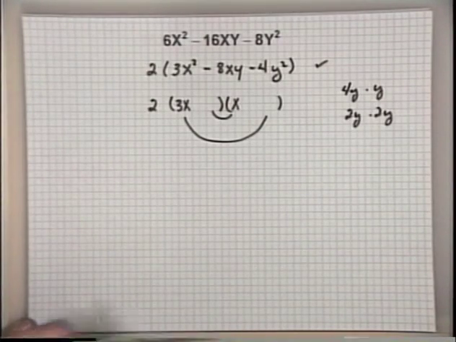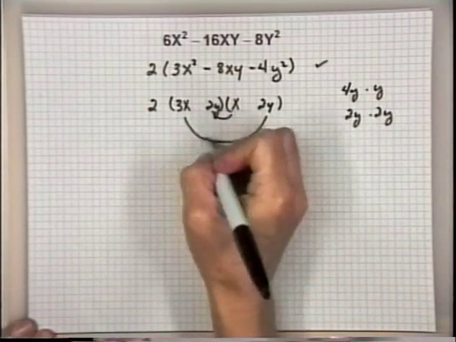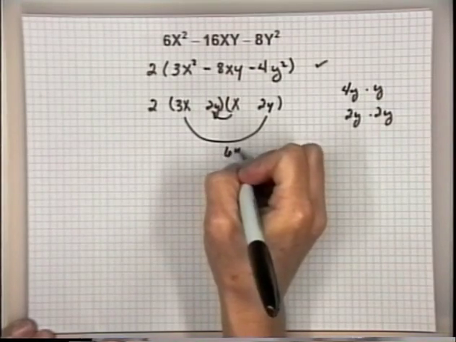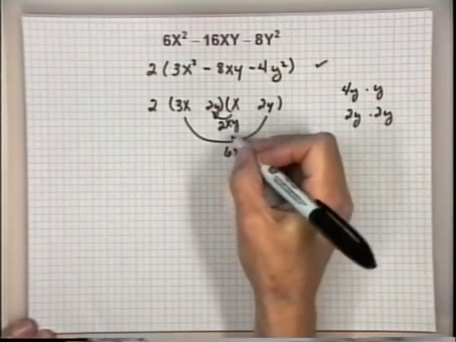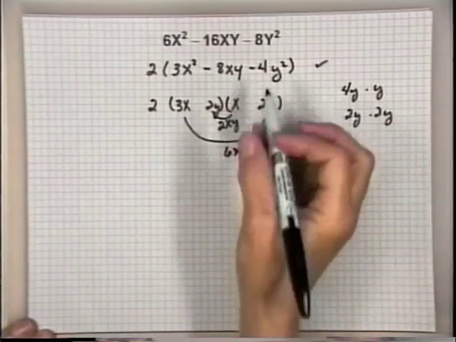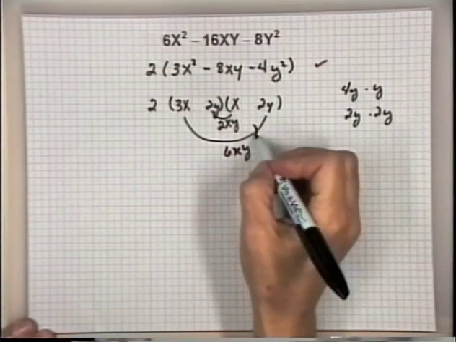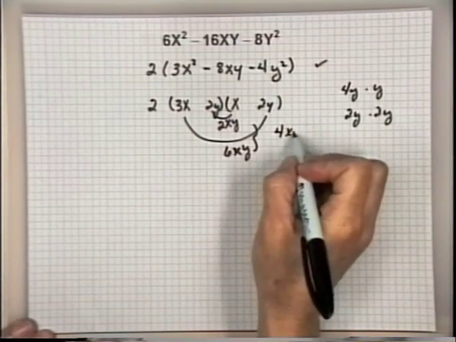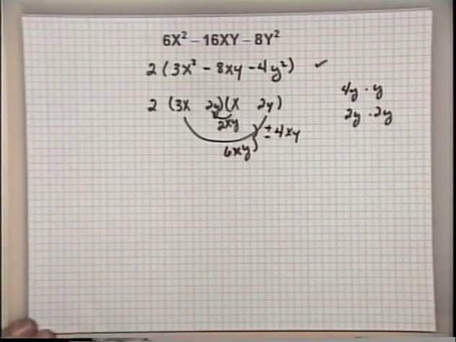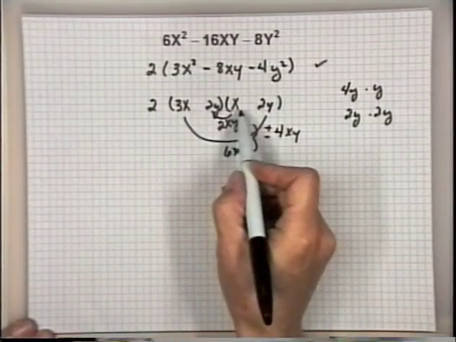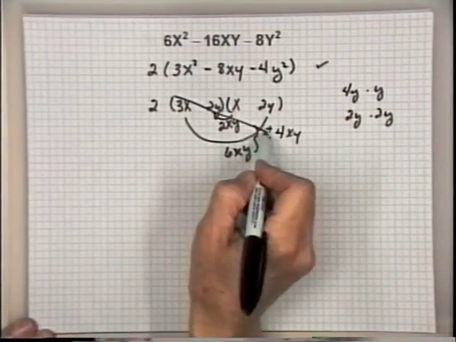Looking at these choices, if I try the 2y and the 2y here, my outside product is 6xy. My inside product is 2xy. Now those add up to 8, but remember my signs are opposite. So if these have opposite signs, I would only get a 4xy, either positive or negative depending on these signs. I cannot get 8. I cannot use like signs here because this third term is negative. So this choice is not going to work.